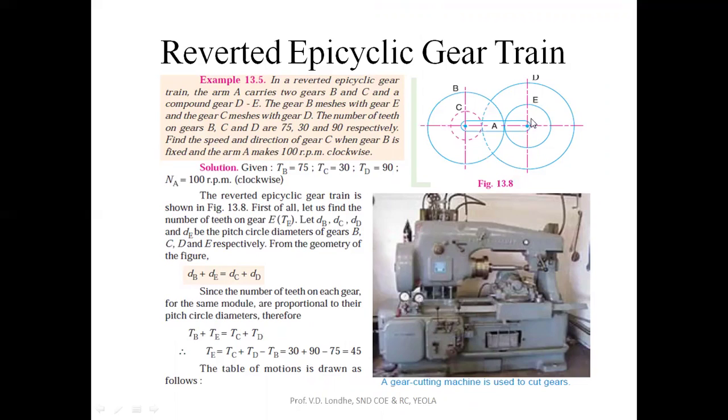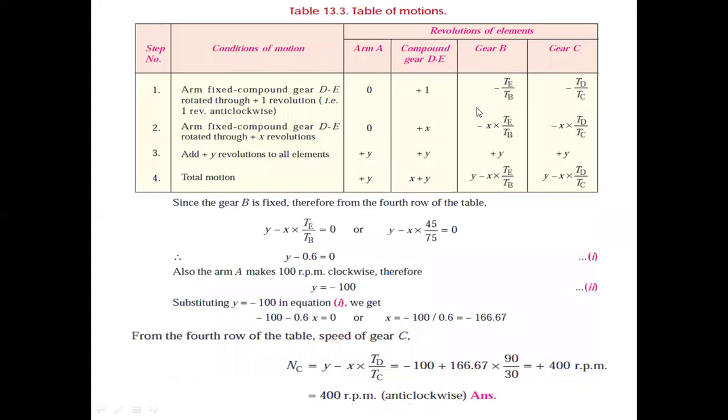And if E is rotating clockwise, then wheel B rotates anti-clockwise. To find the speed of B, we have the relation NB by NE is equal to TE by TB. Since the sense of rotation is anti-clockwise, it will be minus TE by TB.